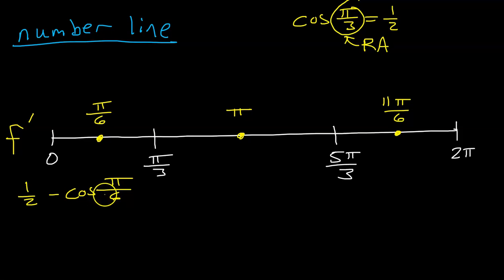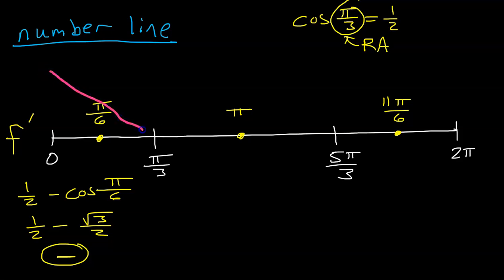Cosine of pi over 6 is radical 3 over 2. So this would be 1/2 minus radical 3 over 2. Radical 3 is bigger than 1, so when I do 1 minus radical 3, I'm going to get a negative number, which tells me that we are decreasing in this interval.